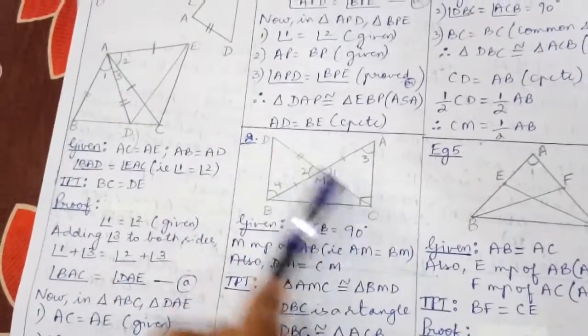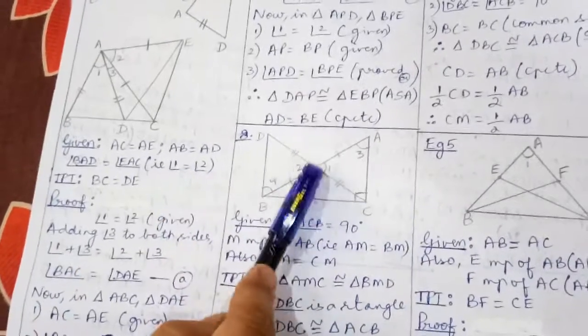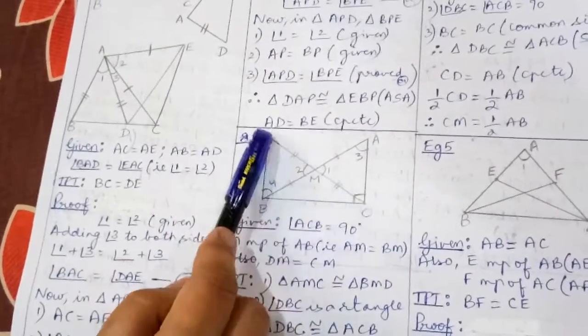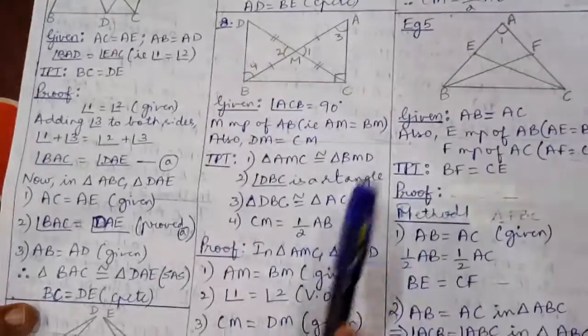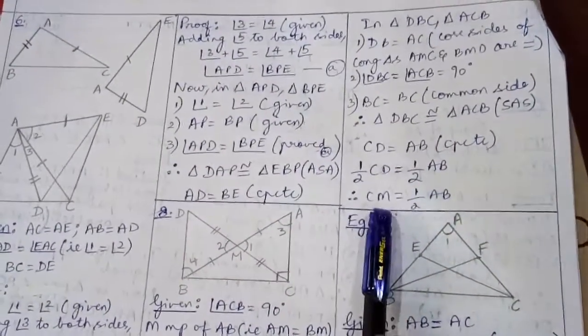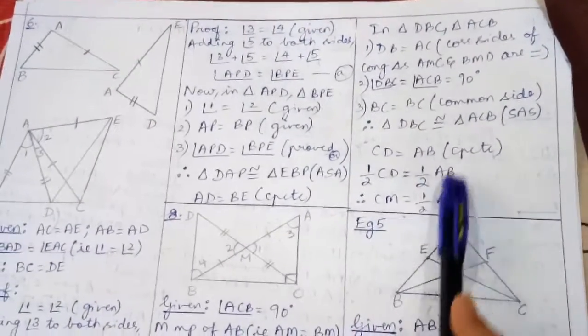So then what is half of this line segment CD? It can be CM or DM, correct? Half of CD can be CM or DM. But since we need to show that CM is equal to half of AB, we'll substitute half CD with CM. Half of the line segment CD is CM. So that way we have CM equals half of AB.